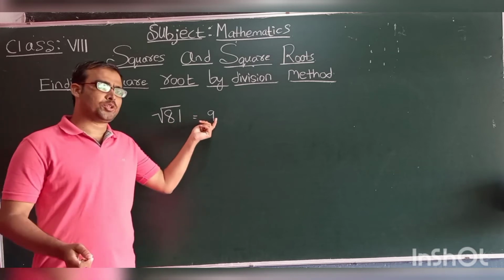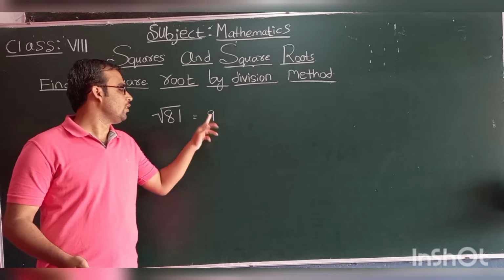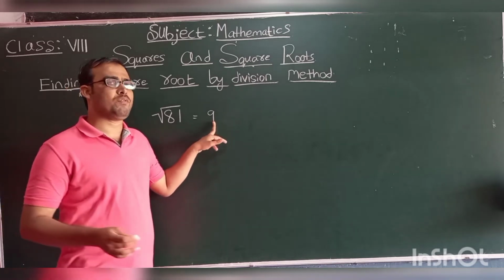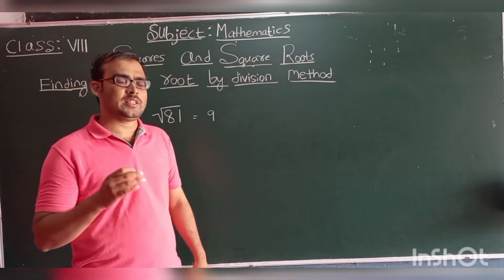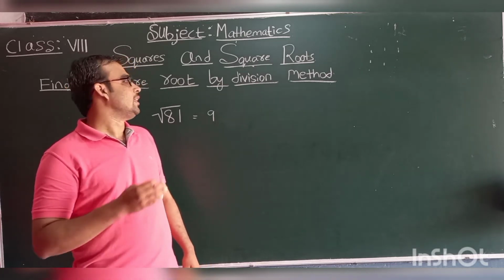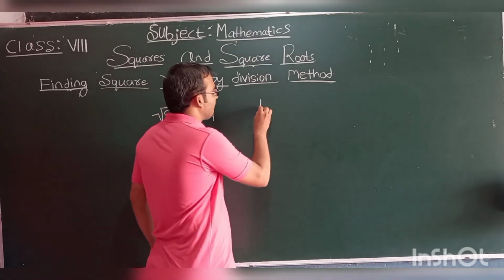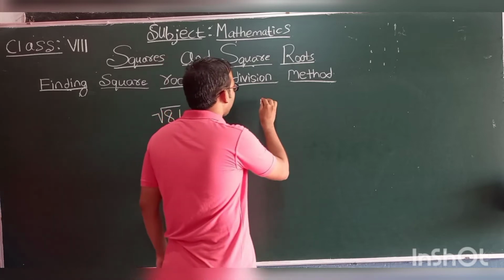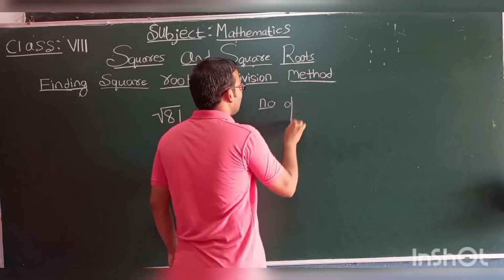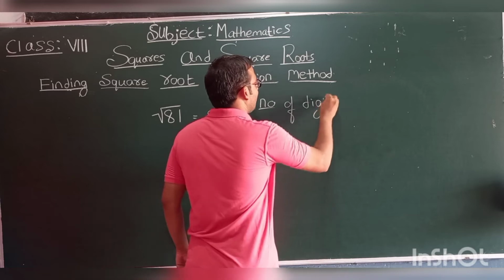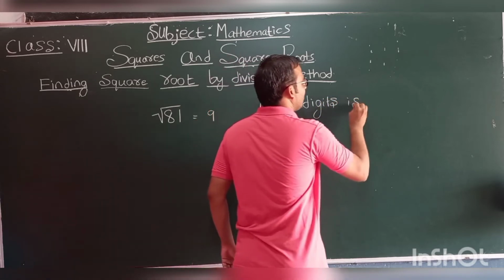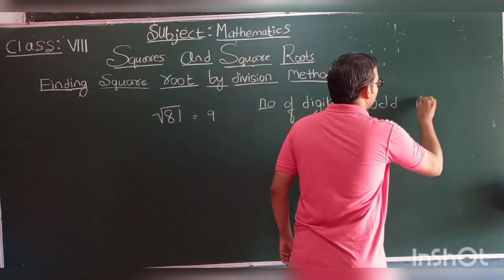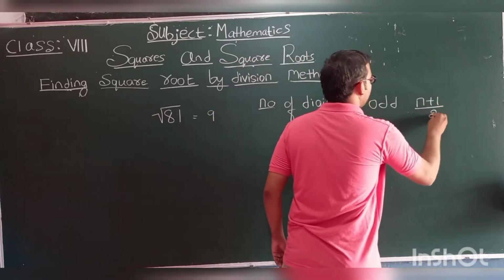And in the square root, how many digits are there? Only 1 digit. So we can easily find, with the help of a formula, the number of digits in the square root of any number. The formula is: if the number of digits is odd, then we use the formula n plus 1 by 2.